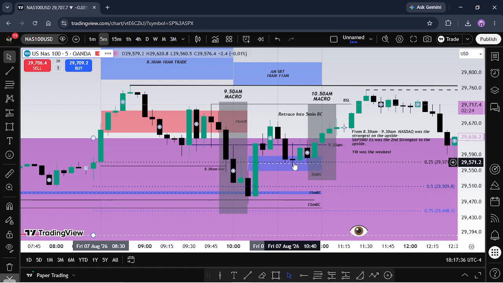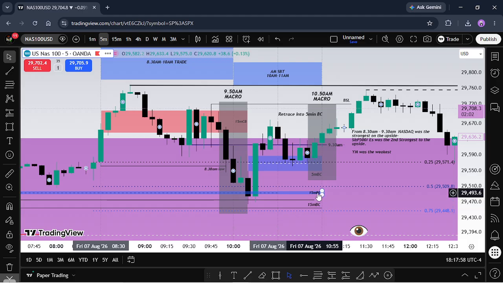Yo, look at this. How beautiful is that? The bodies seem to be closing above the consequential encroachment of the midpoint of the 5-minute BC, but in fact it's closing above the 0.25 level instead. Oh, beautiful stuff. Wow.